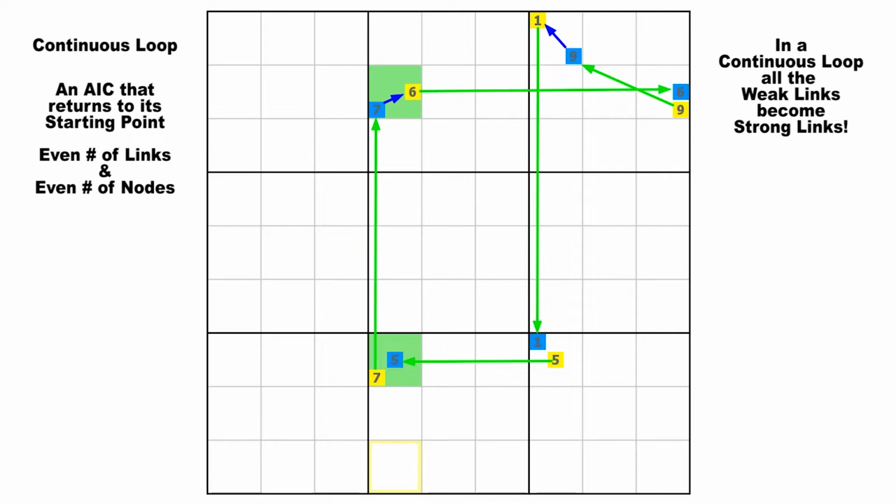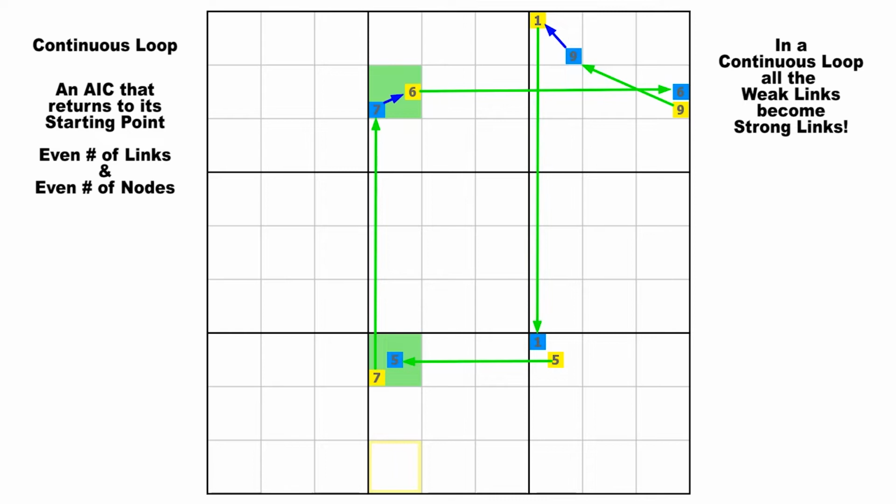And likewise, if you remove the weak link between the 2 1s in column 7, those two 1s would be the endpoints of an XY chain, and you could eliminate all the 1s from the rest of column 7. And within block 3, that weak link between the two 9s, if you remove that, you could eliminate every other candidate 9 from the rest of block 3.